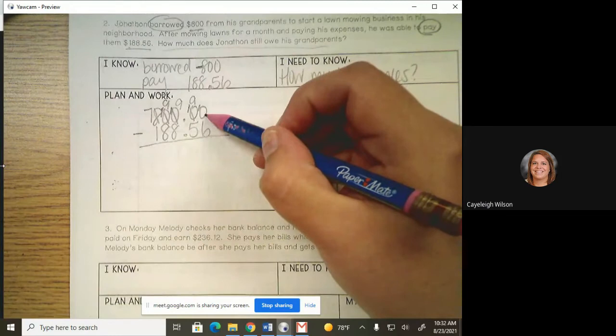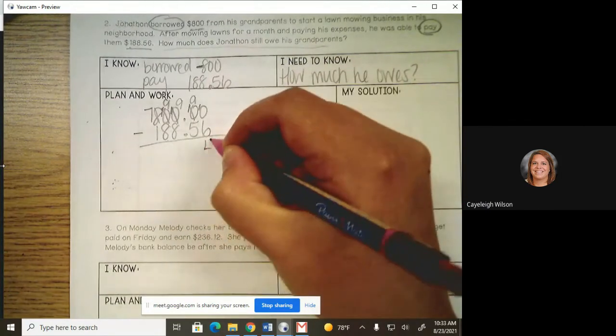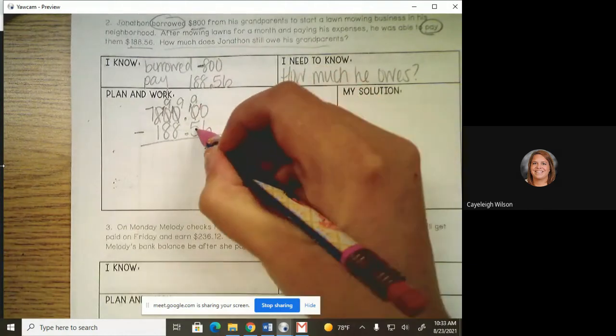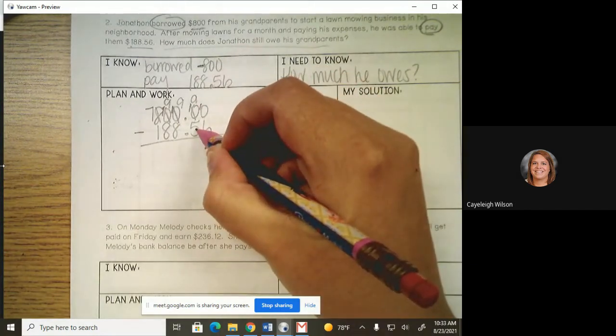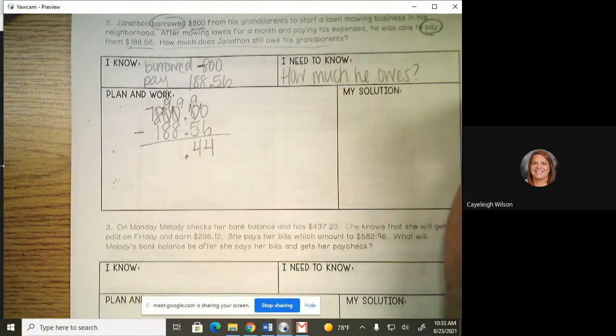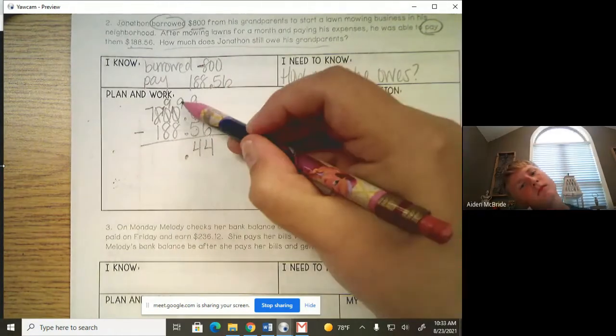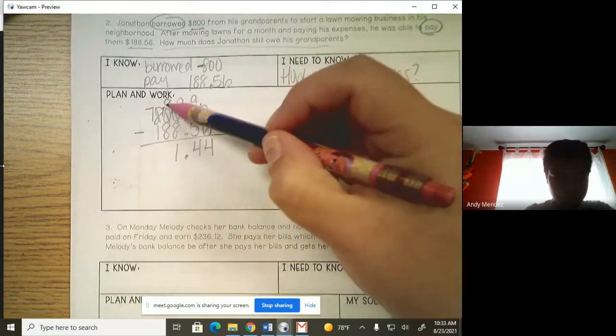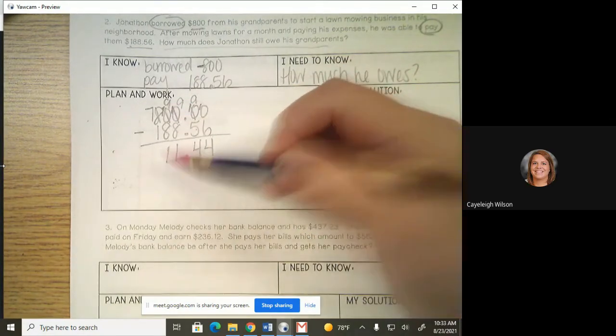All right, so 10 minus 6 is 4. 9 minus 5 is 4. Drop down my decimal. 9 minus 8 is 1. 9 minus 8 is 1.